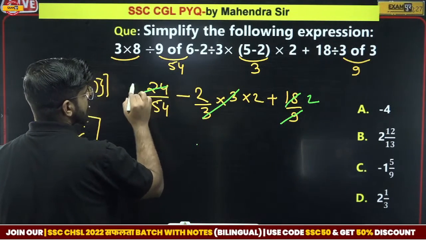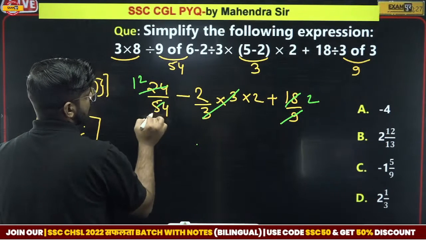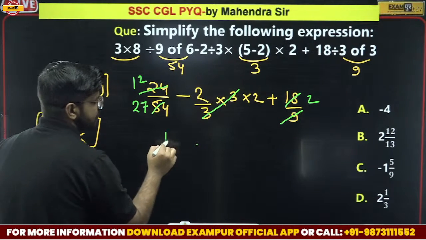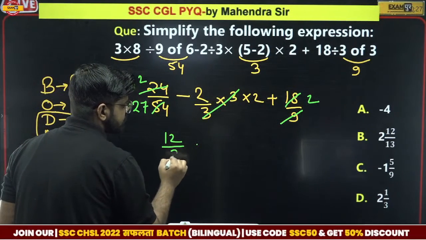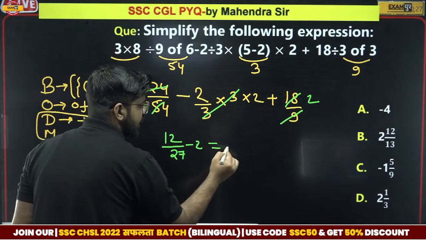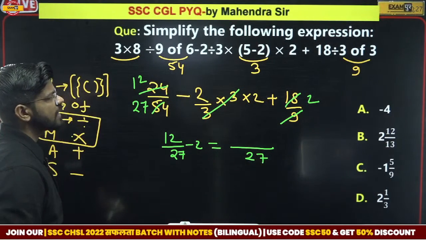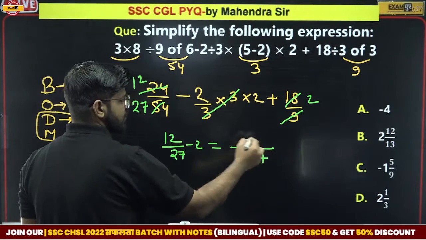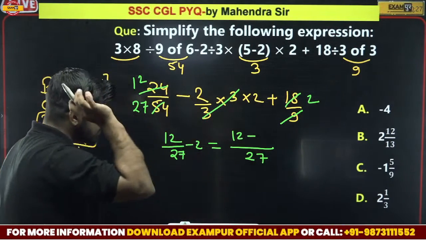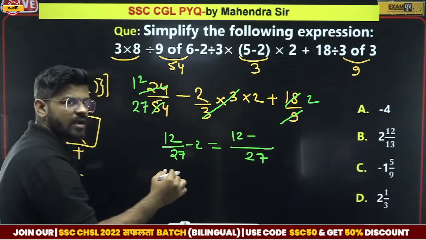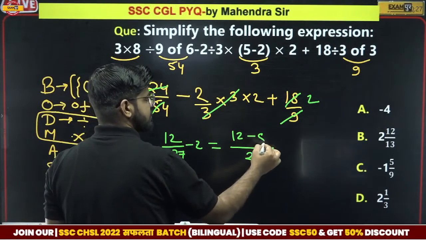And here we are getting 12 upon 27. So 12 upon 27 minus 2. Again solve this. We are getting 27 here. So what is 27 twos are? Tell me. 27 twos are 54. Absolutely correct.